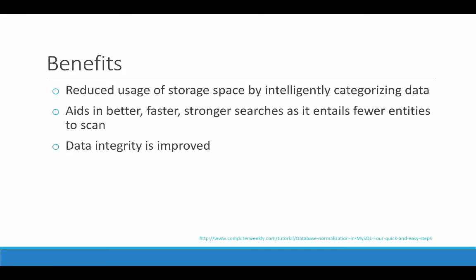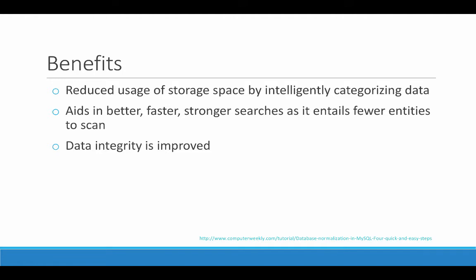This leads us to an important piece: what are the benefits of normalization? I stated one of them is that it reduces redundancies. It also reduces the usage of storage space on your database, on your server, by categorizing that data in a way that makes sense.